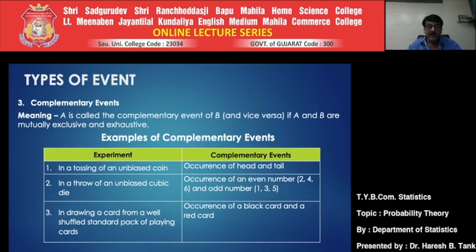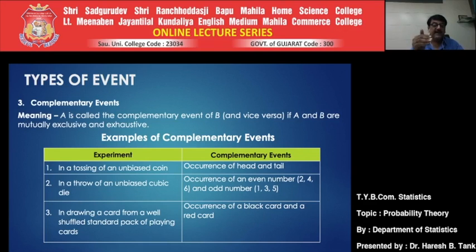In drawing a card from a well-shuffled standard pack of playing cards, occurrence of a black card and a red card. If you just analyze this pack of playing cards, there are 52 cards in it. Everyone might be knowing it. Among these 52 cards, there are 26 black color cards and 26 red color cards. Naturally, black color and red color are the only two colors available on those 52 cards.